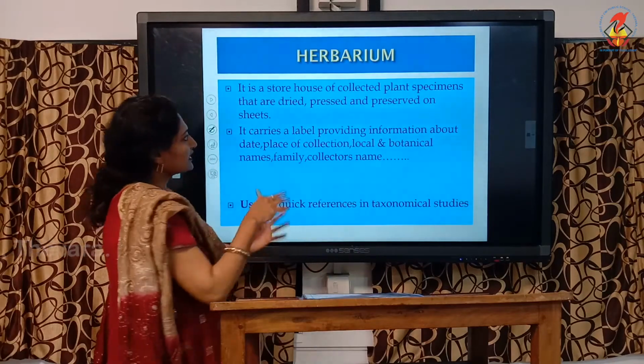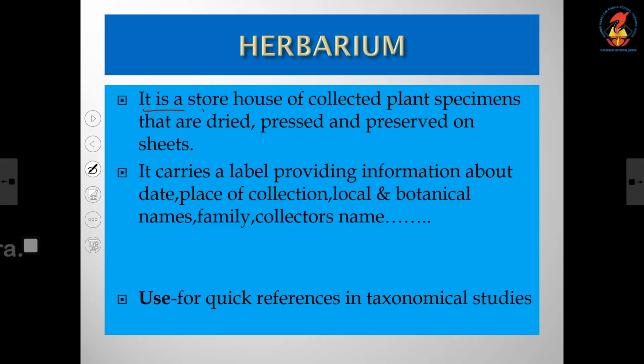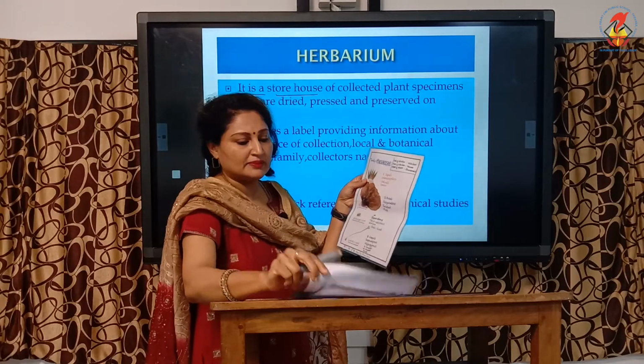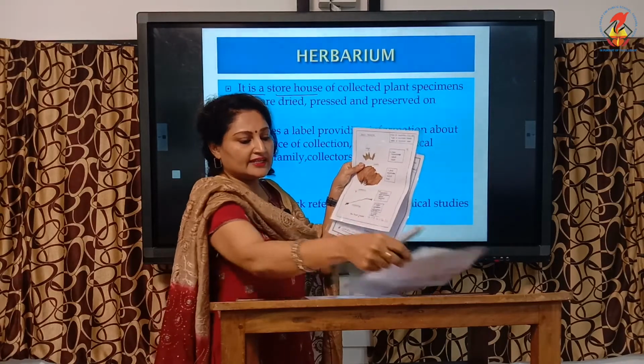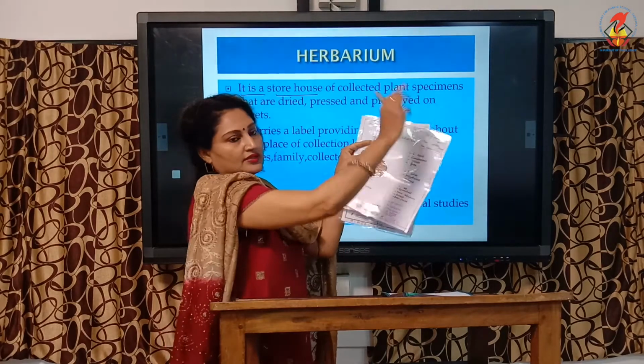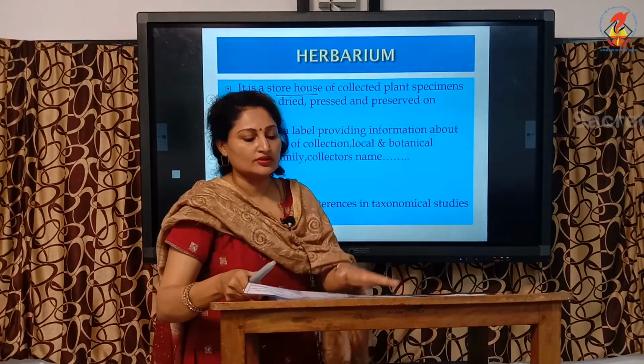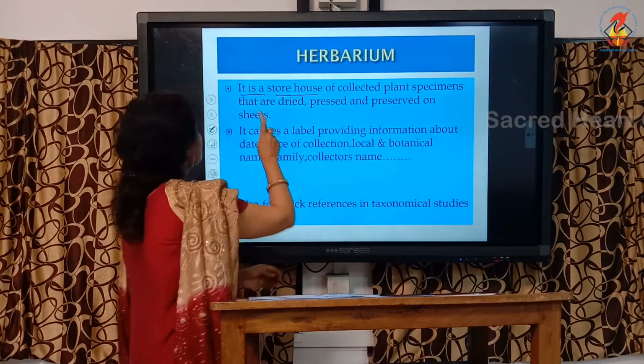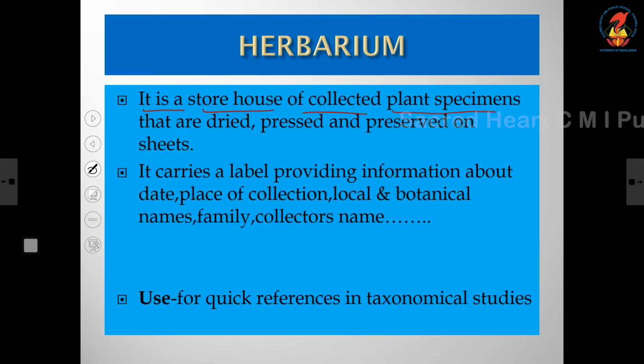So what is a herbarium? It is a storehouse. This is only one herbarium sheet. That way we will have many such sheets, and they will be stored, or they can be pasted on the wall like a gallery. It is a storehouse of collected plant specimens that are dried, pressed and preserved.